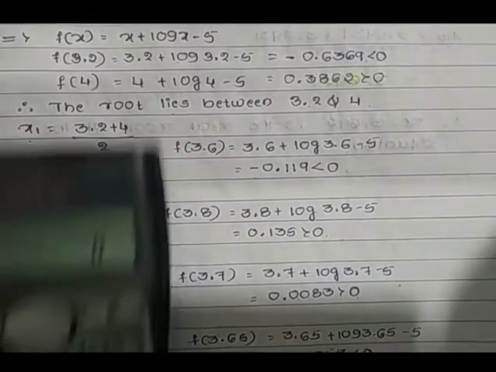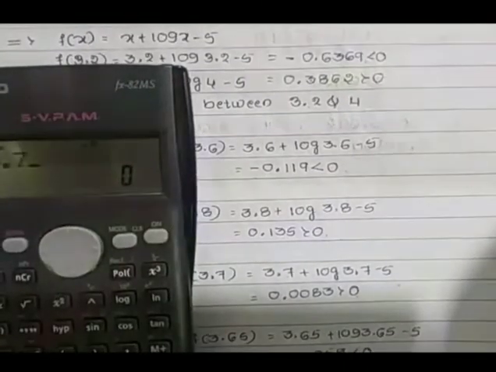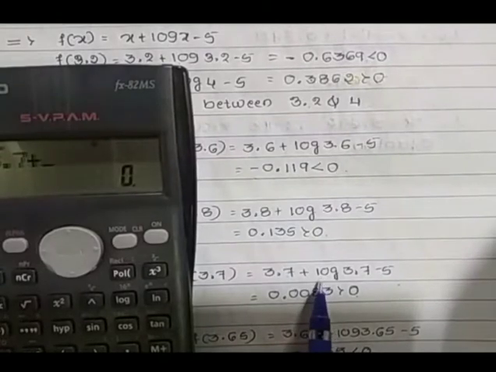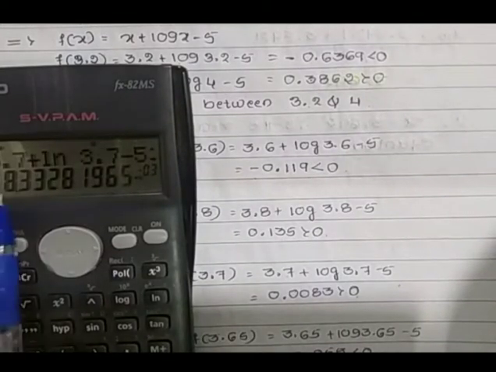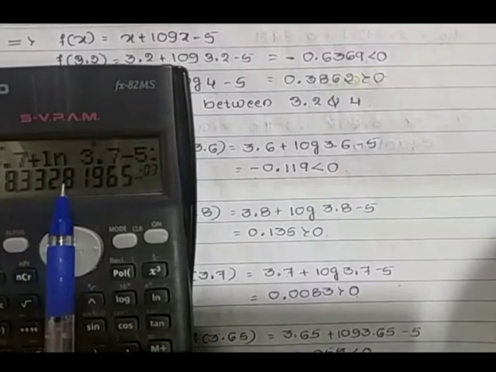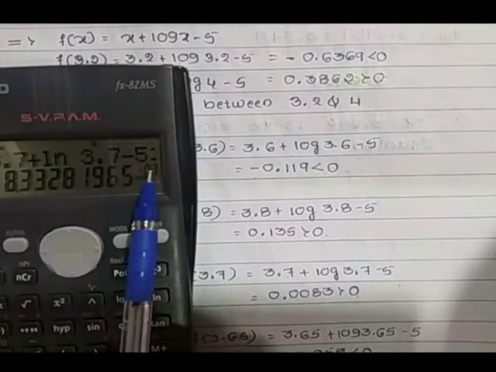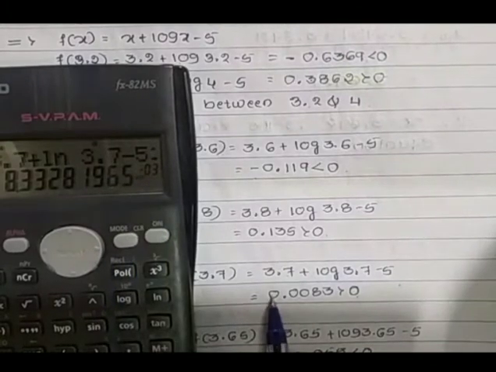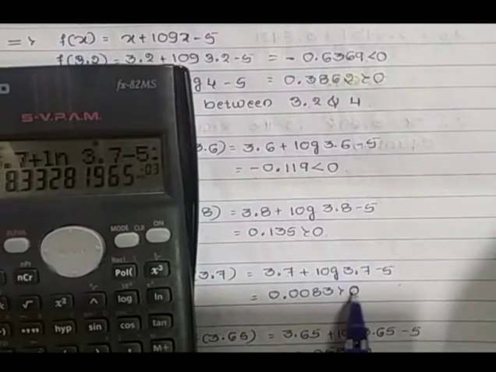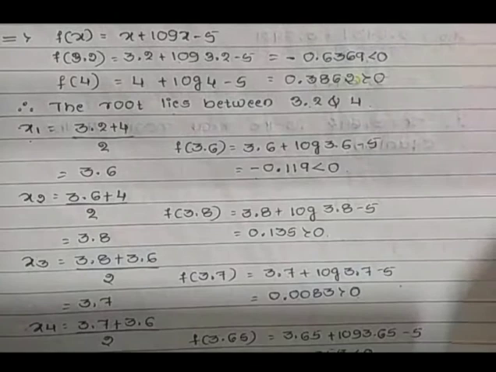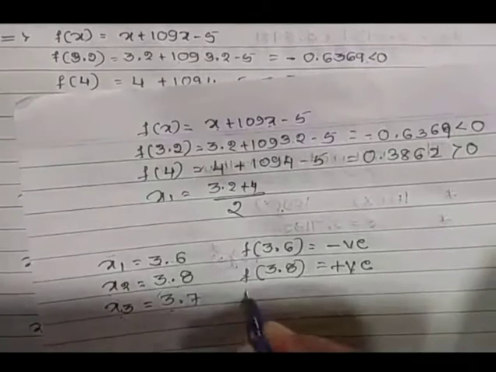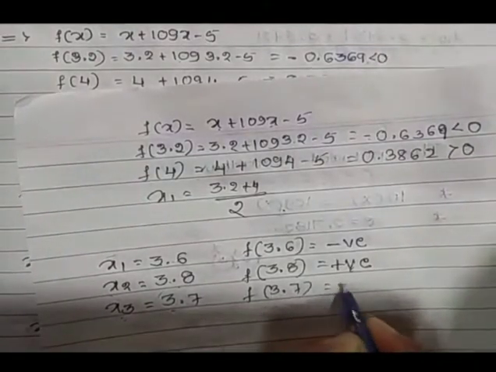Again using a calculator, 3.7 plus ln 3.7 minus 5 is equal to 8.3328 into 10 raised to minus 3, which we can write as 0.0083, greater than 0. So here we are getting a positive value. So x3 is 3.7, which is giving us a positive value.